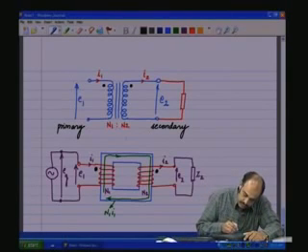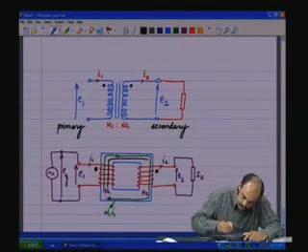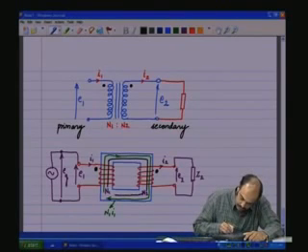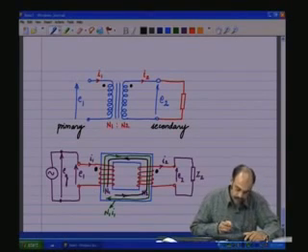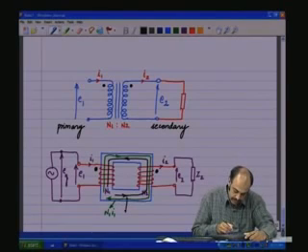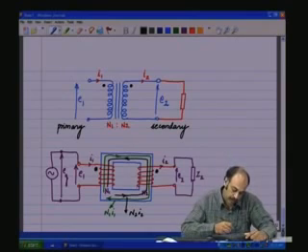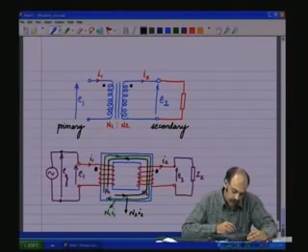So what happens? We are going to have an MMF which will cancel the earlier MMF, and this is N2 I2. And due to the cancelling effect, the MMF is reduced.